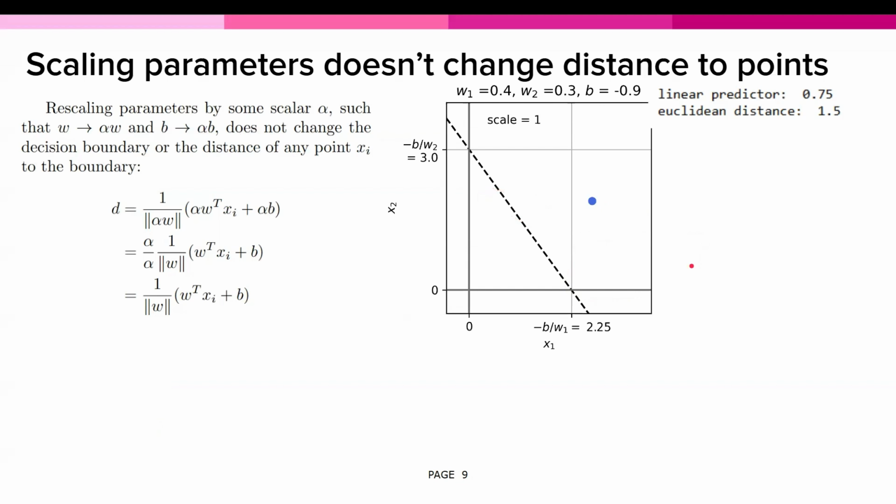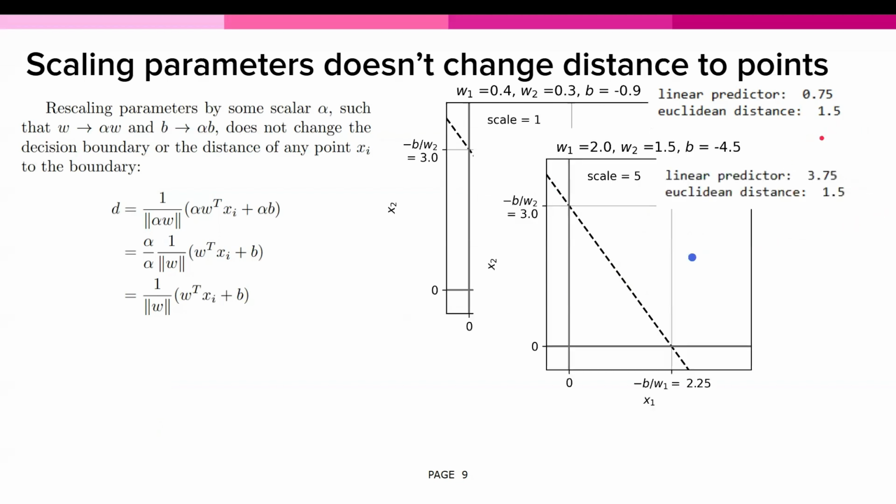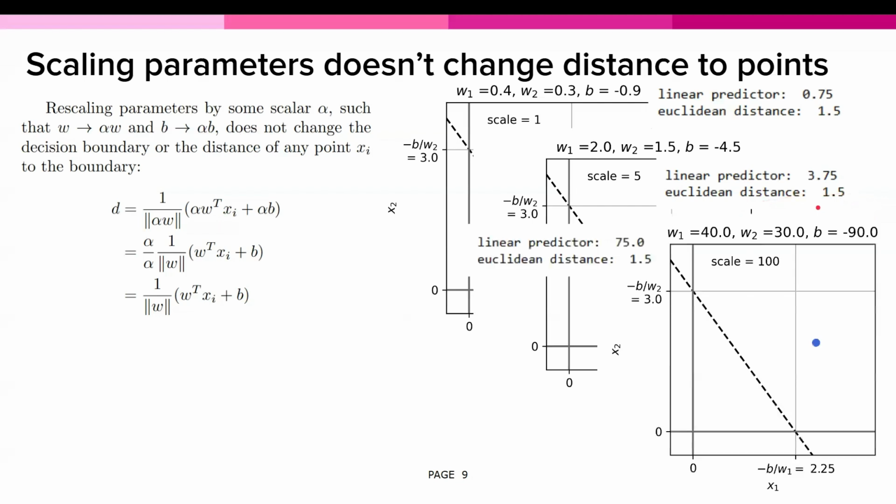When we scale the parameters by a factor of 5, we can see that the linear predictor grows, but the Euclidean distance is still exactly the same. And when we scale by 100, the linear predictor grows again, but we've still got that exact same Euclidean distance.